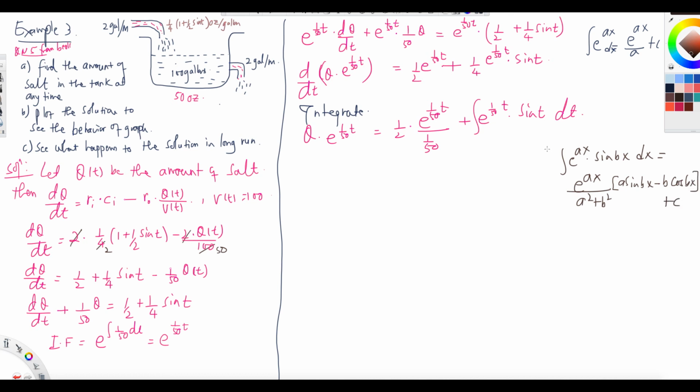So this is the formula for integration of e to the ax times sine bx. That's what I'm going to use here, okay?